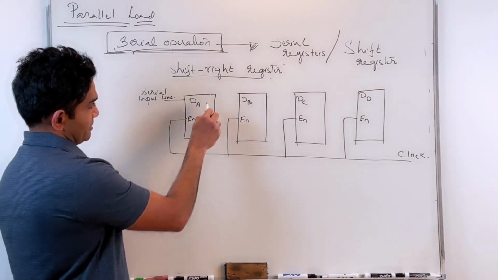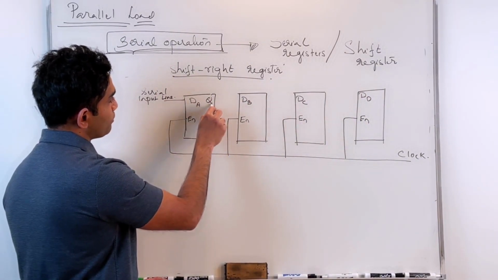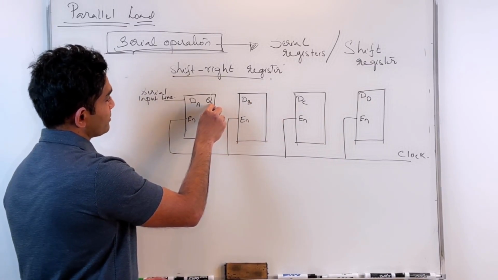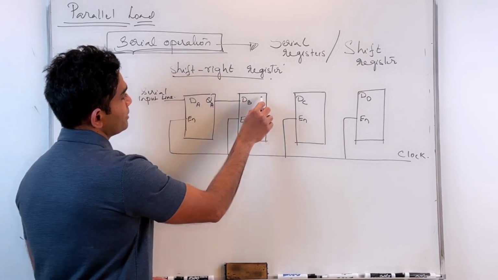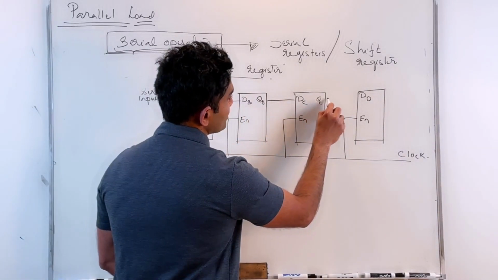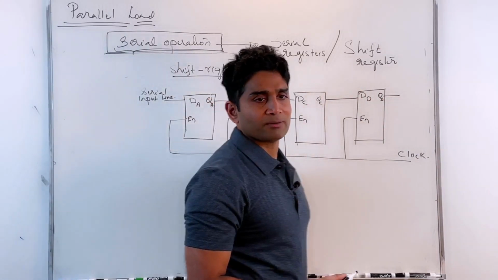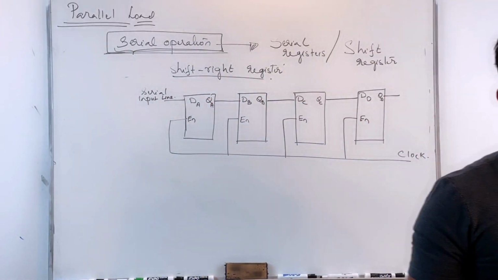Now, the way I would connect, I would drive the DB flip-flop by using the output of the DA flip-flop. QA drives DB, QB drives DC, QC drives DD, QD. So now I have basically a simple shift right register.